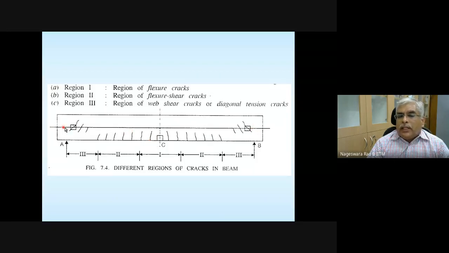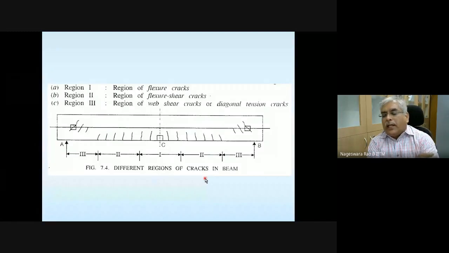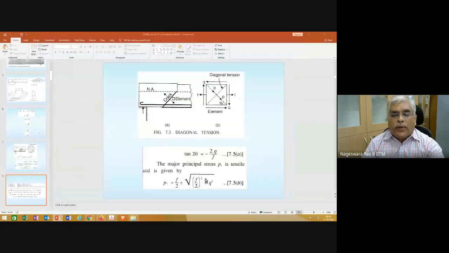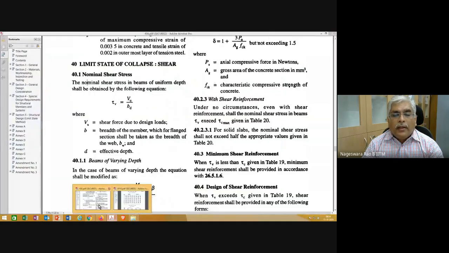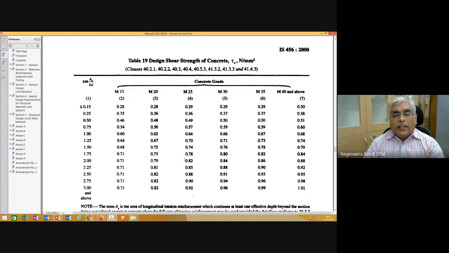Here some elements are also shown: one element at the support and one at the midspan. We'll proceed further in tomorrow's class, and also see how the equations given in page 73 of IS 456, or 72 or 73, work.